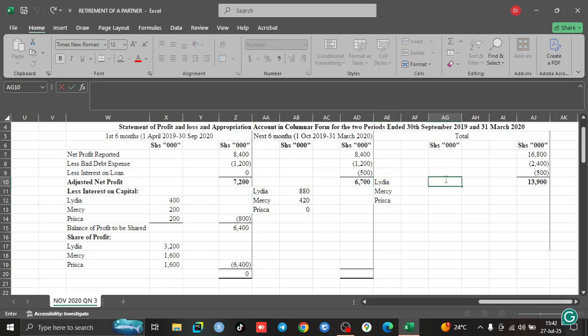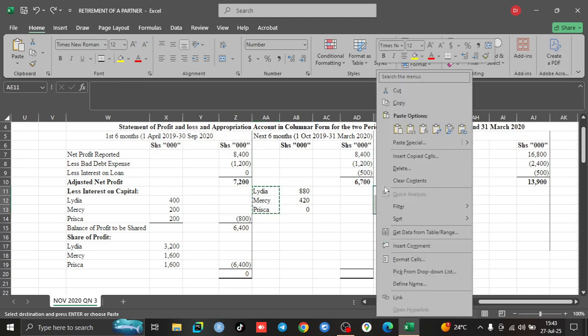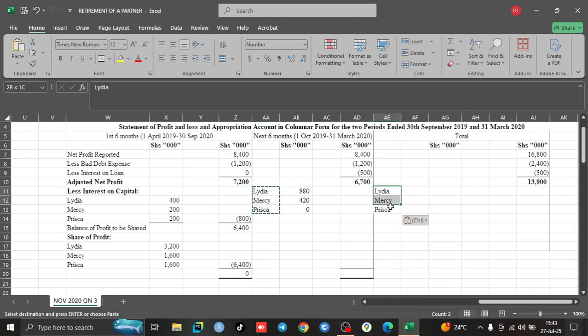So the totals here for interest on capital is simply, I've copied it on the wrong area. So let me copy it at a better area. Like so. So that's okay now. So the total now, first of all, I can get, so I've also done this wrong.